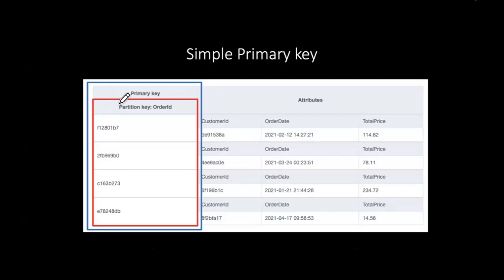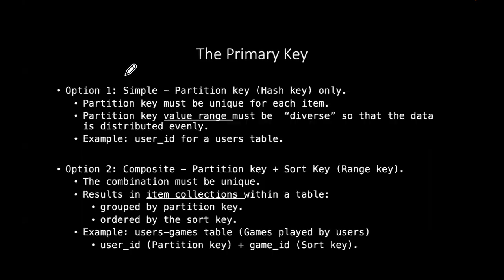And the particular attribute that I've chosen is, surprise, surprise, order ID. And that indeed would have a broad range of values. So that's fine. That's the 101 example of simple primary key. I still haven't really explained what partition key is yet, though.